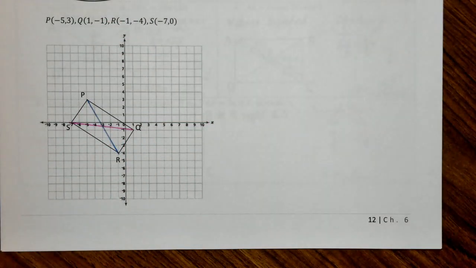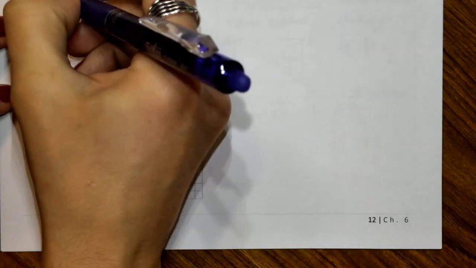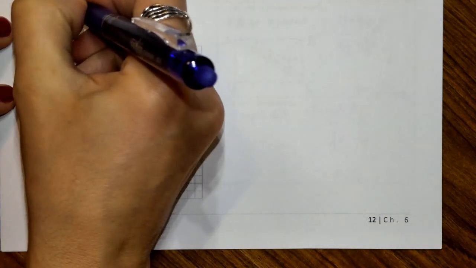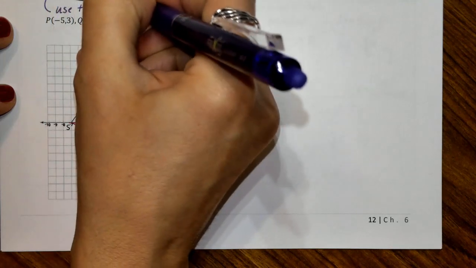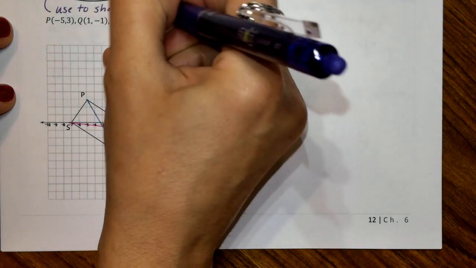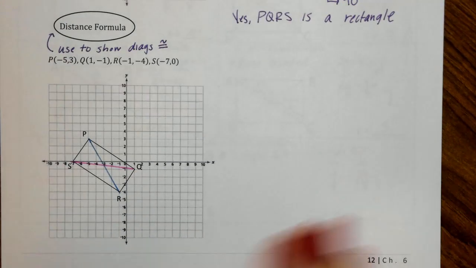All right, so when we take a look at this, we'll go ahead and note up here, the distance formula is going to be used to show the diagonals are congruent. Okay, write out the words if you need to, so I'm going to lower that down. Distance formula is used to show that the diagonals are congruent.